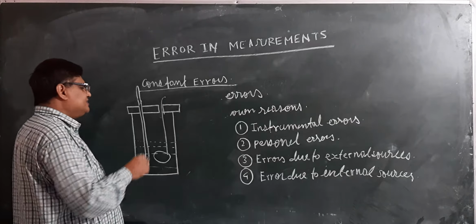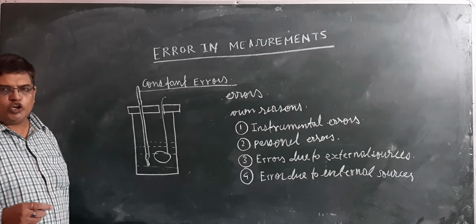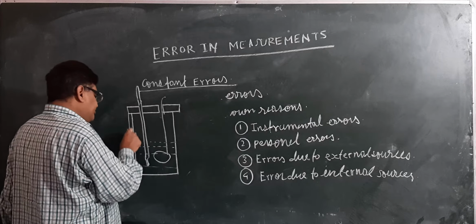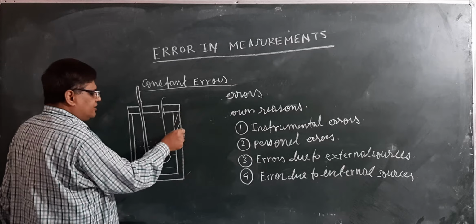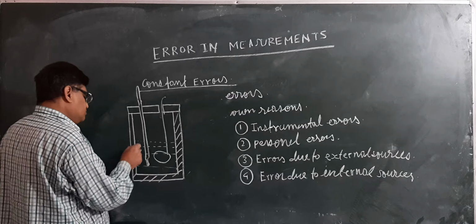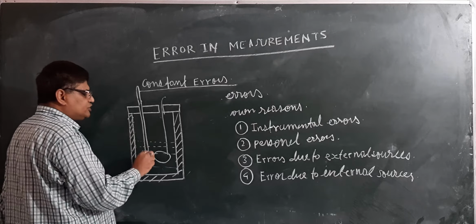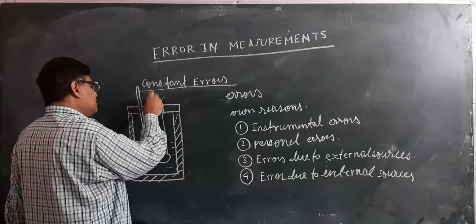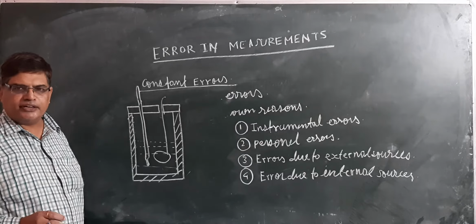While conducting this kind of experiment, we have to ensure that there is no loss of heat from any part. So in order that there is no loss of heat, we insulate this calorimeter. Normally a wooden cover is used for this, so the loss of heat is minimized. Similarly, the lid of this calorimeter is also made of wood or insulating material.